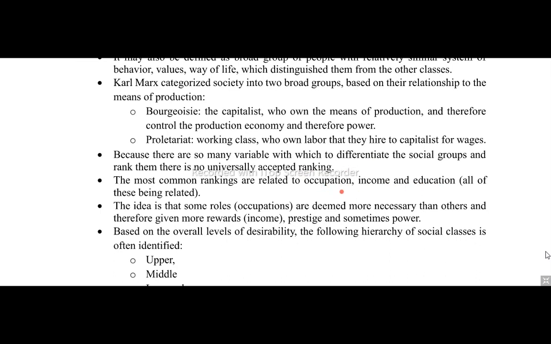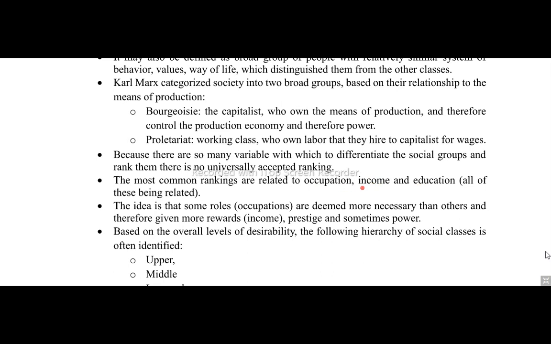So, for example, a vice chancellor of any university must be a person who has a doctorate degree, and has done several things that he has become a professor. That means his occupation is tied to his education. The income I would expect is high.